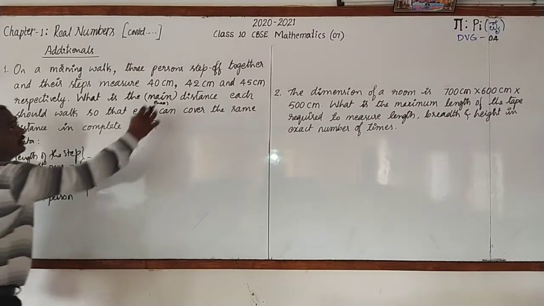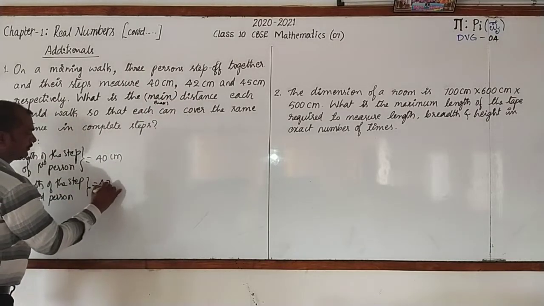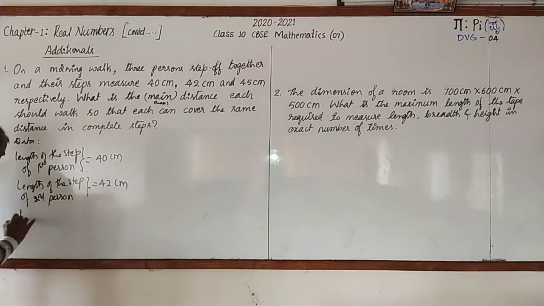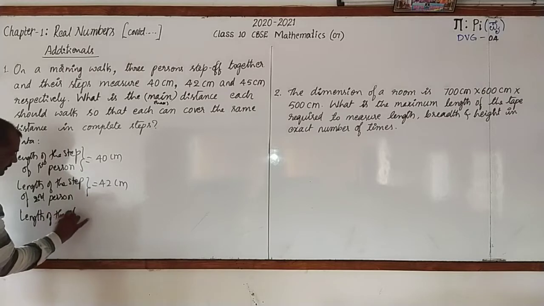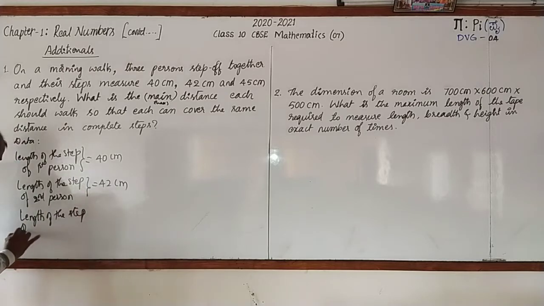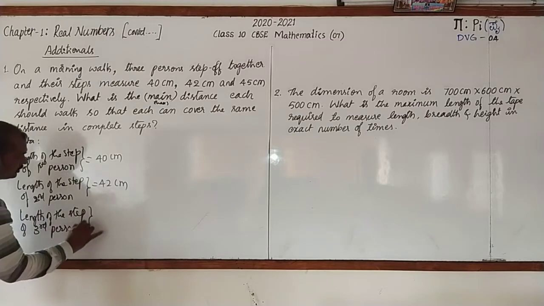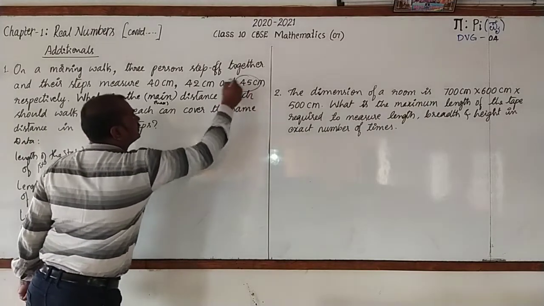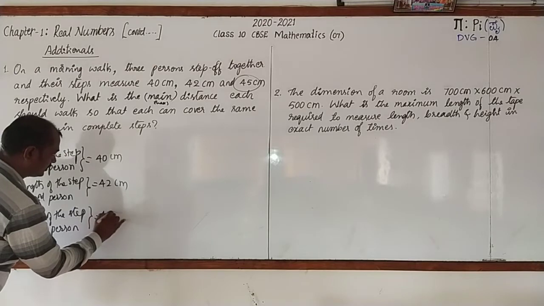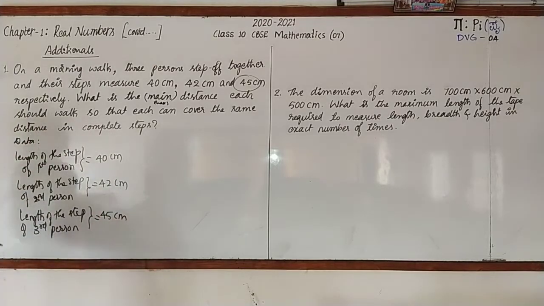It is 42 centimeter. And similarly, one more person, the third person, length of the step of the third person: how much is it? You can observe that. It is 45 centimeter. Then what are you going to find out?